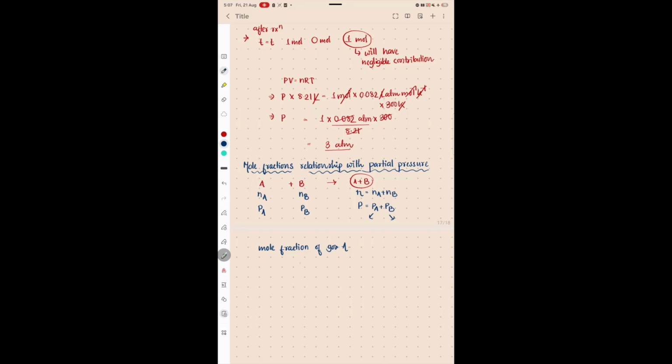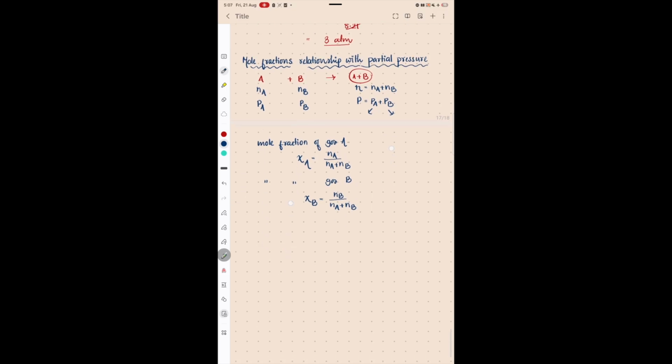Mole fraction of A is defined by this symbol: X_A is equal to moles of A divided by total moles, that is Na plus Nb, right? Similarly, mole fraction of gas B will be Nb divided by Na plus Nb, right?